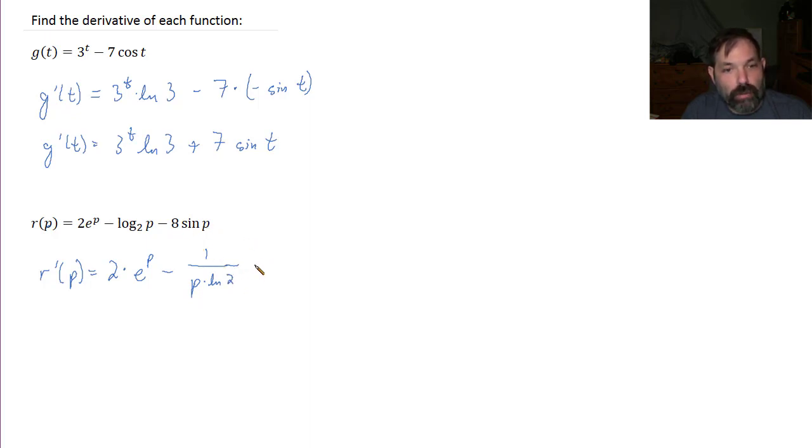Then 8 sine p, so minus 8 times cosine p. The derivative of the sine is cosine. We could get rid of the dots for multiplication, but basically that's what I would write. 2 e to the p minus 1 over p natural log 2 minus 8 cosine p is the derivative.